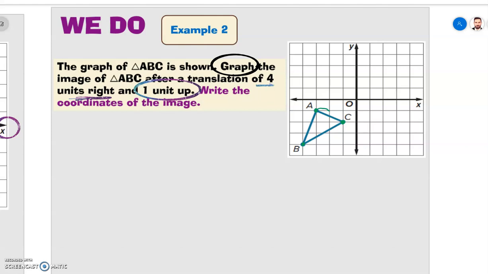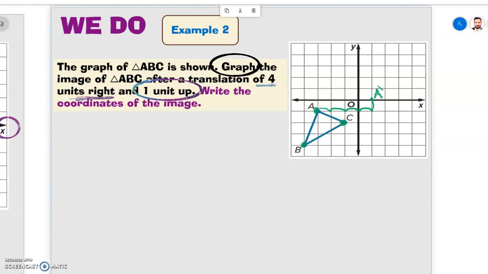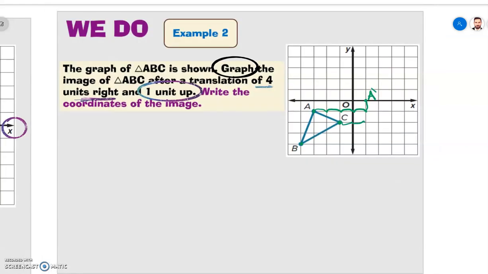4 units right, 1, 2, 3, 4, and 1 up. So this is A dash. 4 units right, 1, 2, 3, 4, and 1 up. This is C dash. 4 units right, 1, 2, 3, 4, and 1 up, which is B dash.